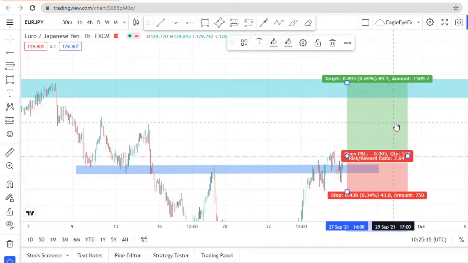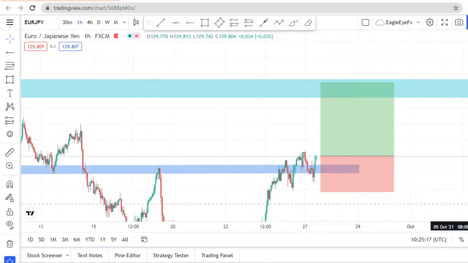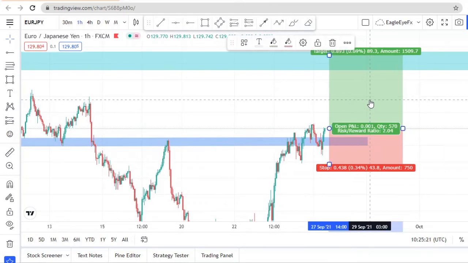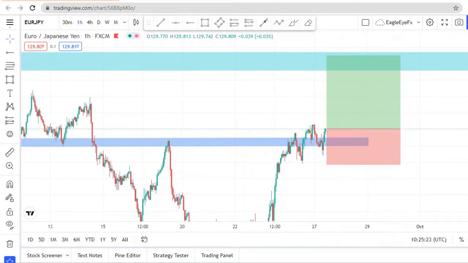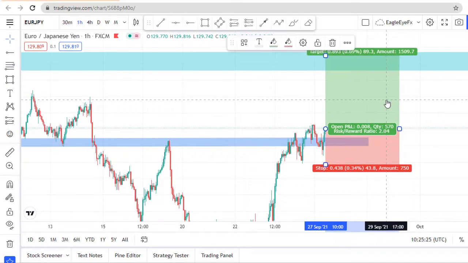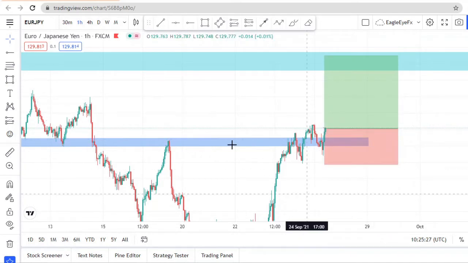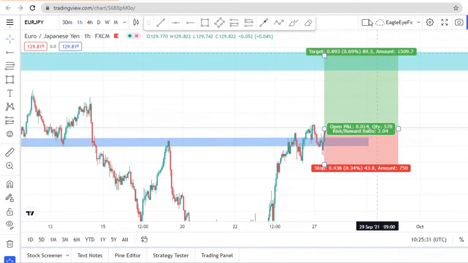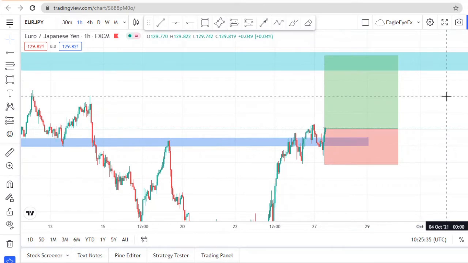So this is risking 1% of your capital to make 2 times of your capital, right? So already on EURJPY, I am seeing a possible bullish movement up to this particular level over here.